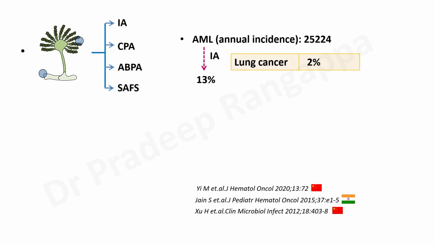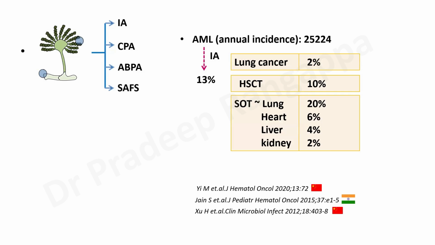In lung cancer, 2% of the patients had aspergillosis. In stem cell transplant, 10% had invasive aspergillosis. When you look at solid organ transplant, especially lung transplant, the risk of aspergillosis was found to be high: 20% of them can have invasive aspergillosis, followed by heart transplant 6%, liver transplant 4%, and kidney transplant 2%.